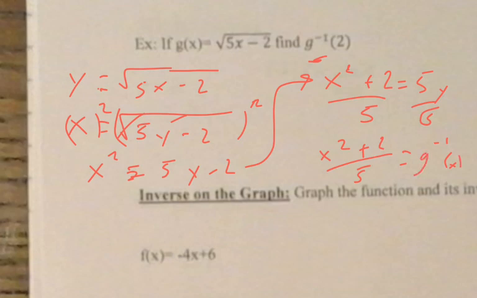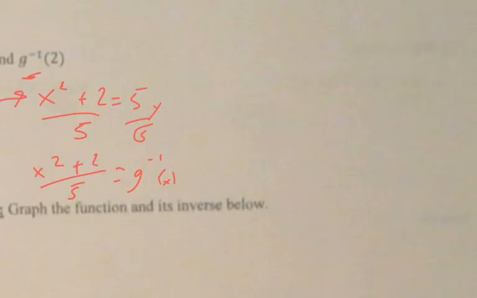g inverse of x. So now if I'm going to find the g inverse of 2, we have our function here. So we have g inverse of x equals x squared plus 2 over 5.